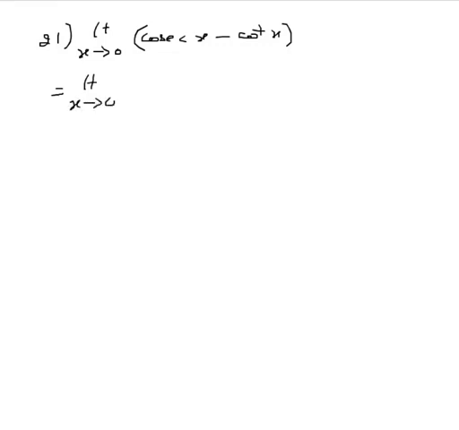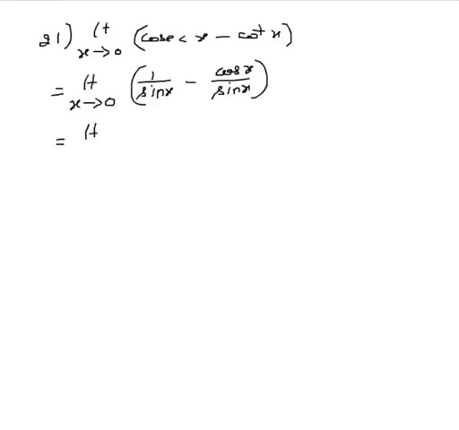Keep writing the limit in every step till you apply the limit value. Cosecant x is 1 divided by sin x, and cot x is cos x divided by sin x. Let us take LCM.